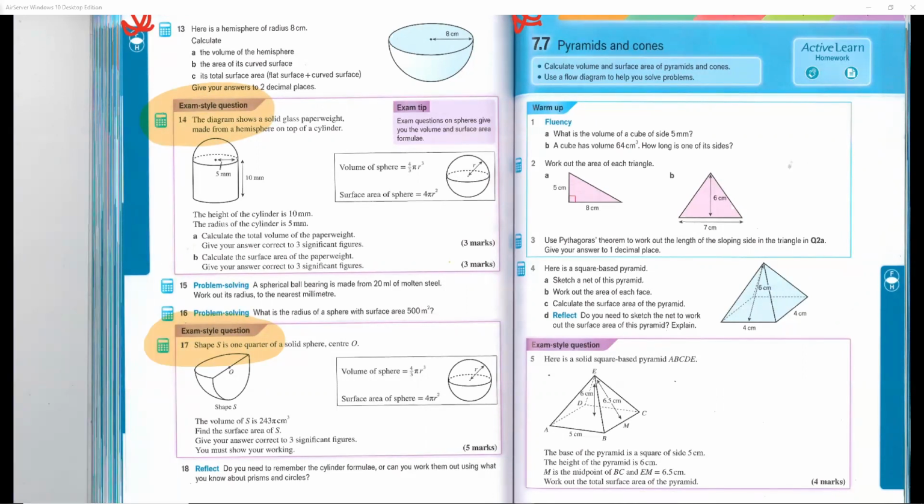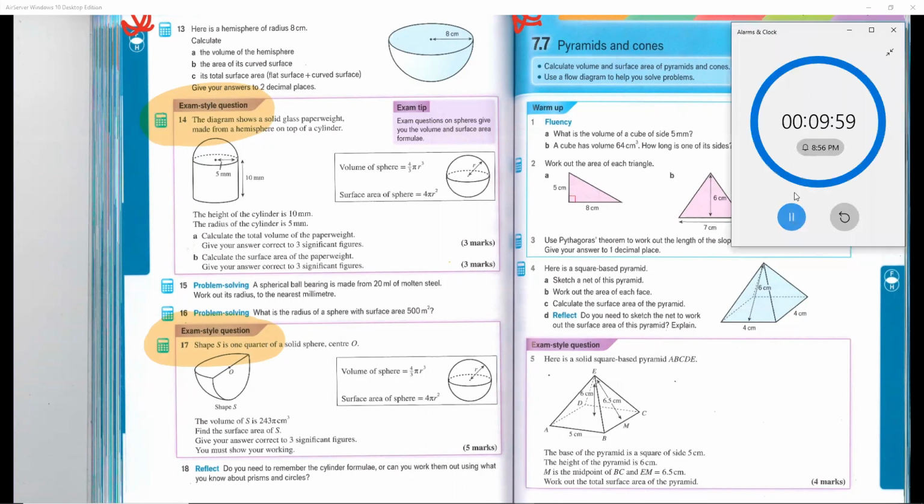I'm going to put a timer on for you guys. Starting now, go.